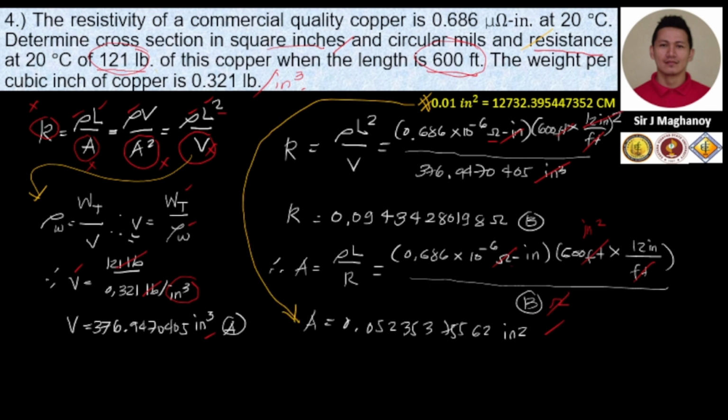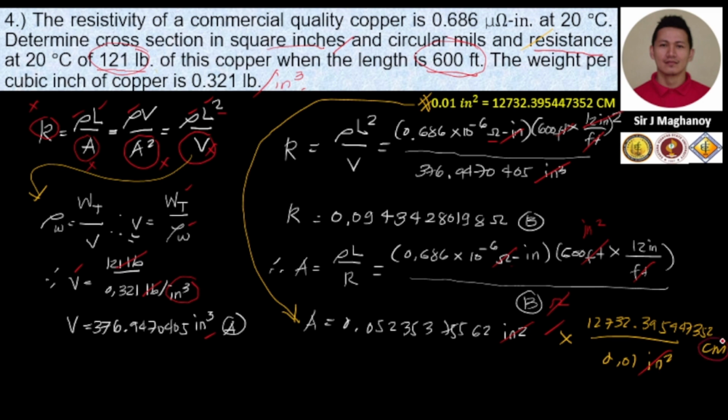So our answer times our conversion factor, that is 127.39544732 over 0.01 square inch. If we multiply this with 0.01 square inch, we cancel out common units.